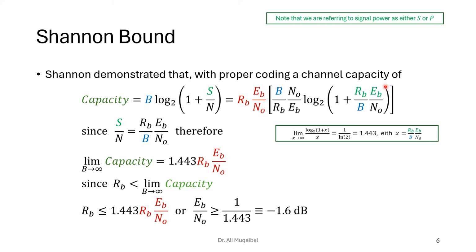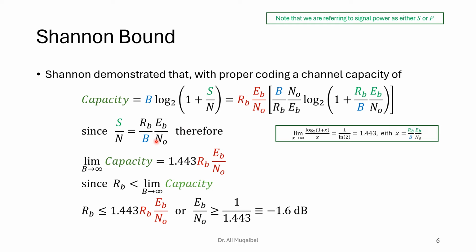So the limit of the inside term, remember this is x here and this is 1 over x, is like log 2 of x over x, which is related to log 2, so we can find it to be 1.44, and this is equal to RB multiplied by this terminology.